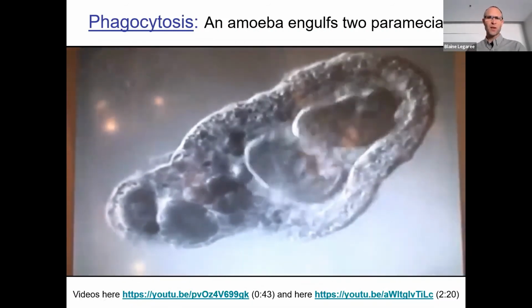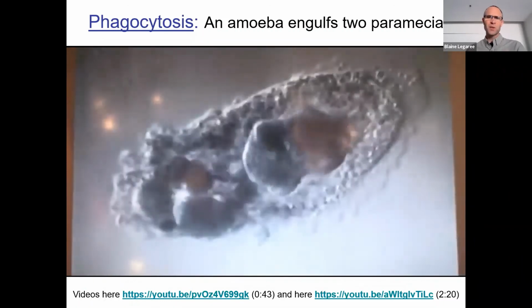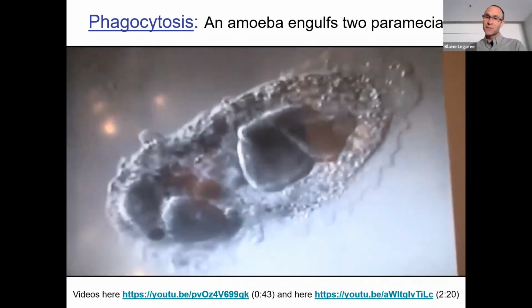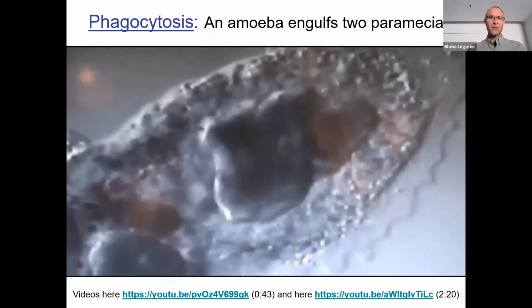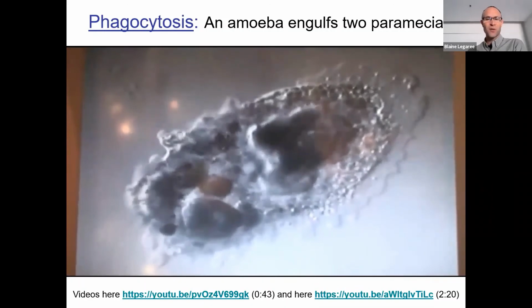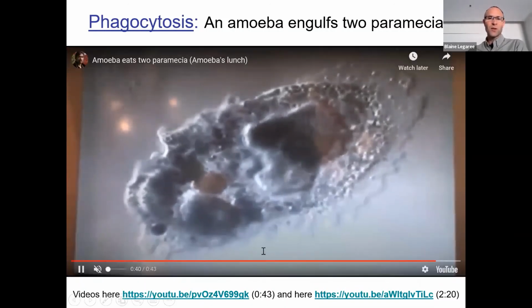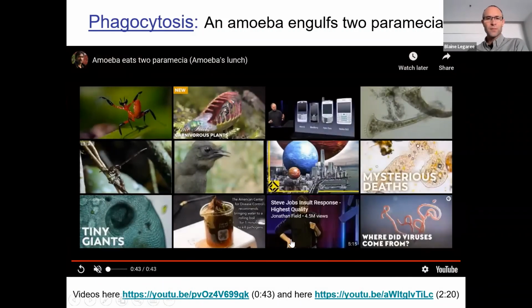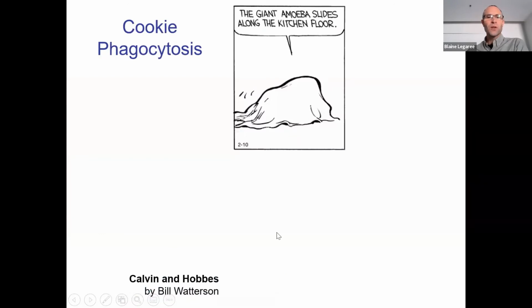The paramecium look like they're trying to fight for their lives, but sorry, I don't think they're going to make it. Such is everything in nature, right? We've got tooth and claw in action there. They're getting digested, and don't worry, there's lots of paramecium out there in the wild. There's lots of videos of that on the internet if you want to check it out. Some of them are much slower, but I thought that was one of the nicer ones.